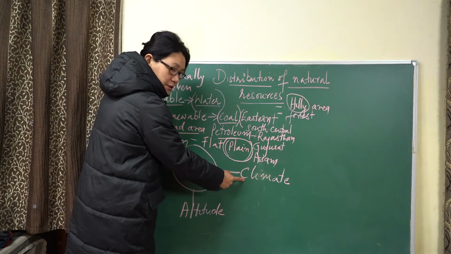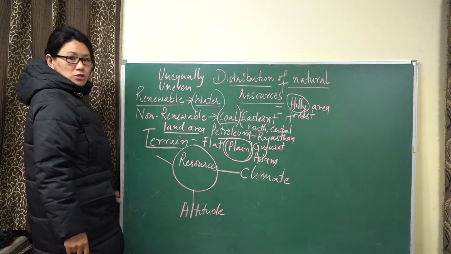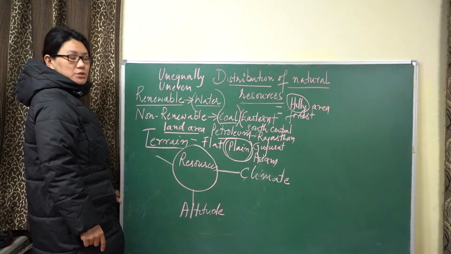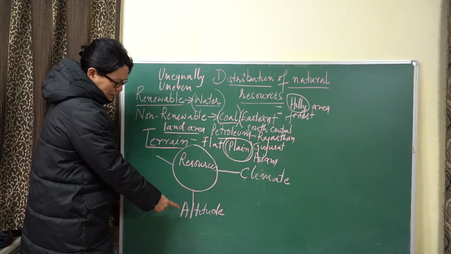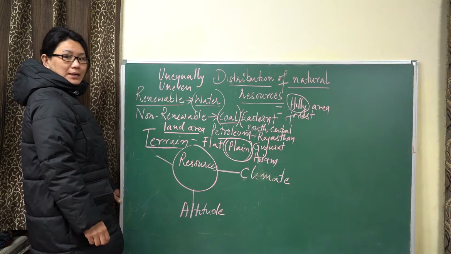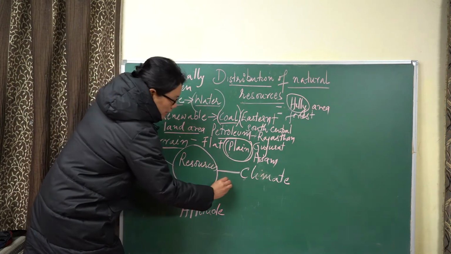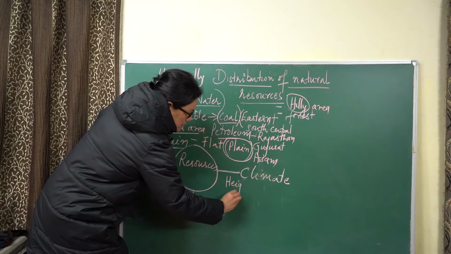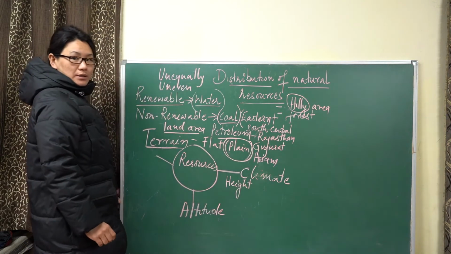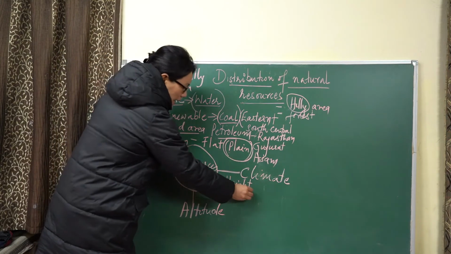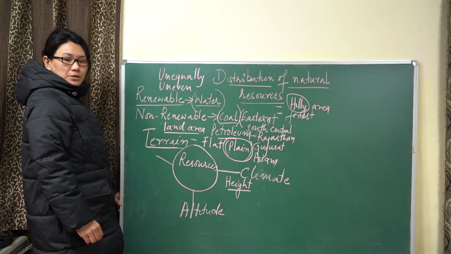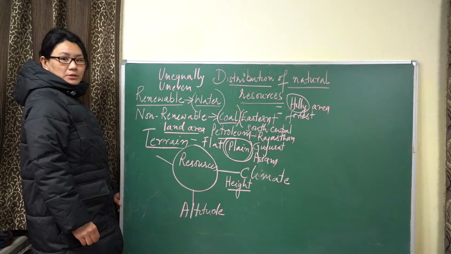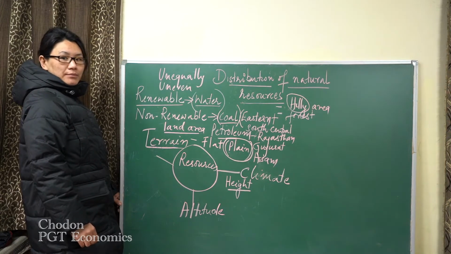Another one is climate. Climate also plays a very important role in unequal distribution of resources. Then we have altitude. Altitude means height. At a few places which have height, we get some resources there, right?